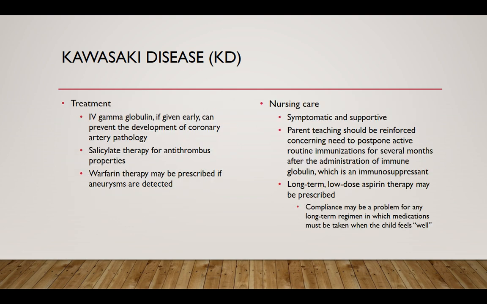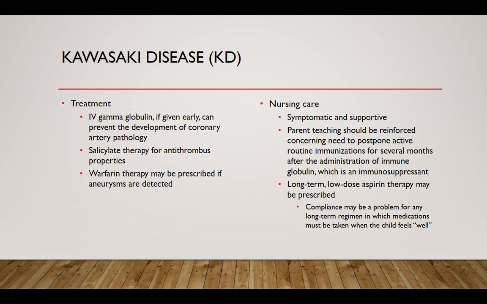Treatment for Kawasaki's disease is IV gamma globulin. If given early, it can prevent the development of coronary artery pathology. Aspirin therapy is used for its antithrombus properties. I know I said that with Reye's syndrome you don't give children under the age of 18 aspirin, but in this case that is one of the things they do.